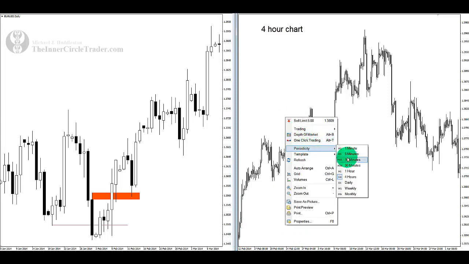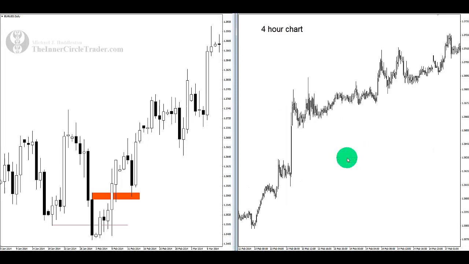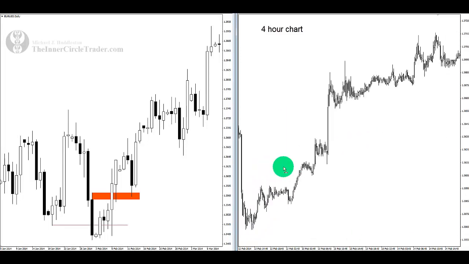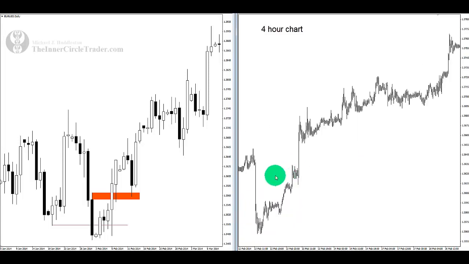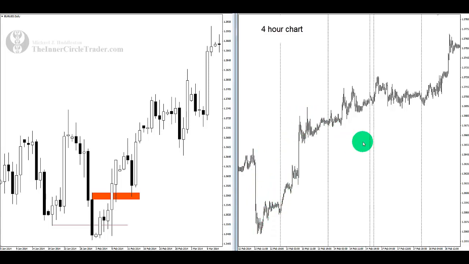Let's go down to a 15-minute. Here's what this move looked like on a 15-minute basis. The drop down, which is scary. Most people don't want to do any kind of buying in that indication. Move starts moving higher. Let's put some day dividers in. On a Friday we close, and then continues moving up.